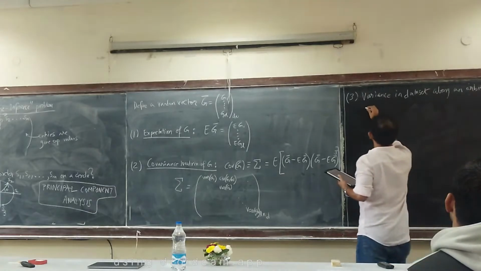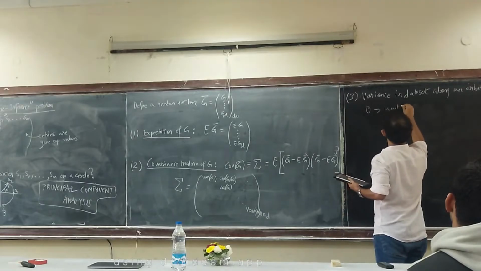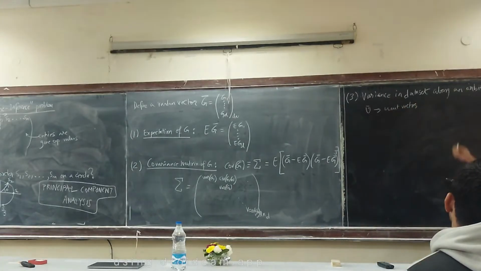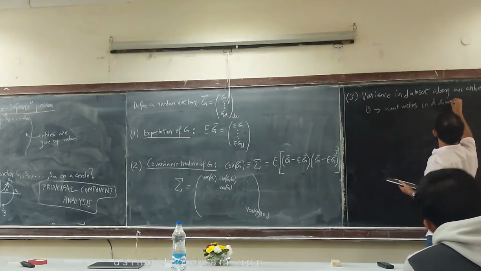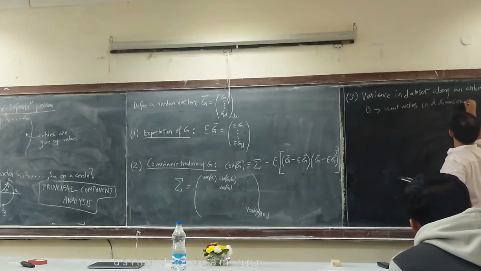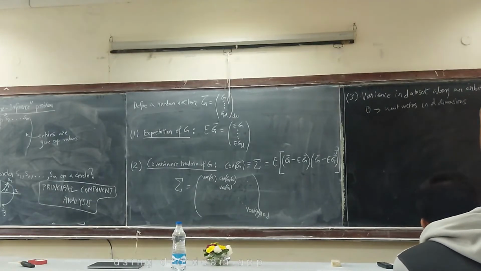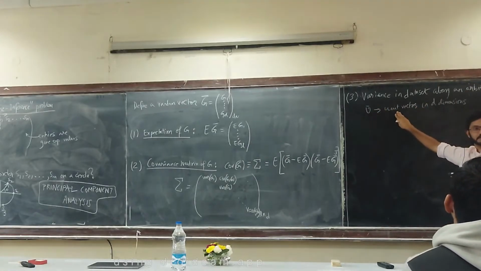So let me define V as a unit vector, in D dimensions, of course. Okay, remember that I have D genes, so I have a D-dimensional space. In that D-dimensional space, V is a unit vector.